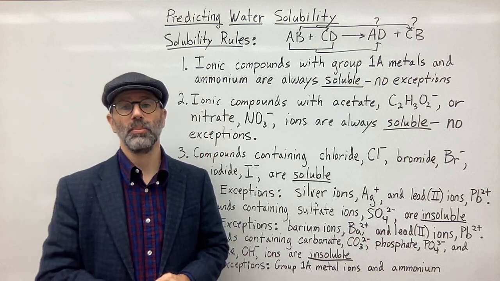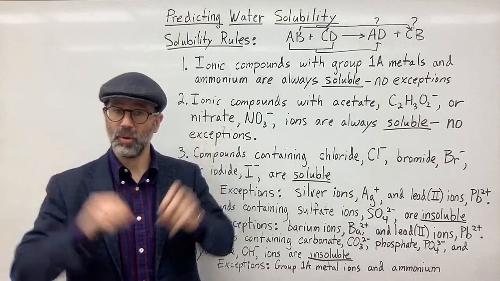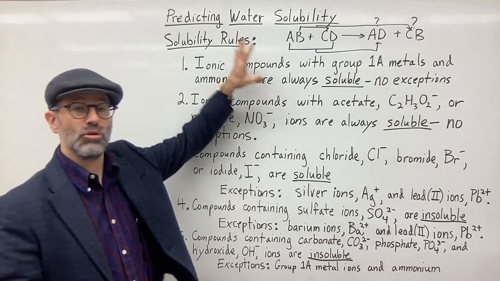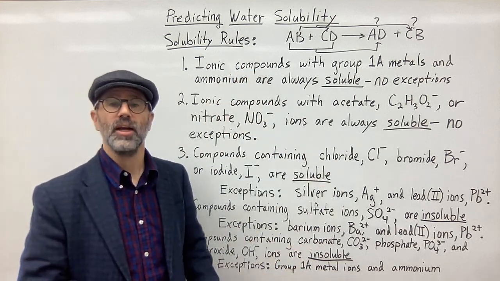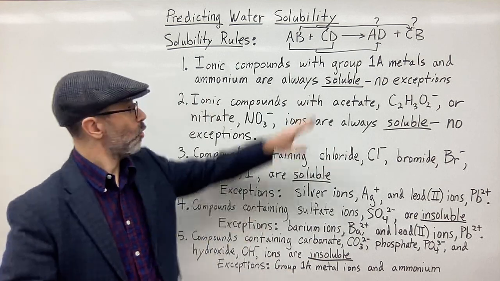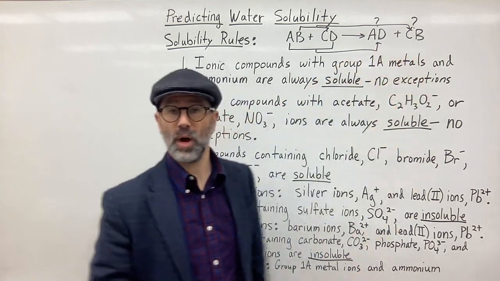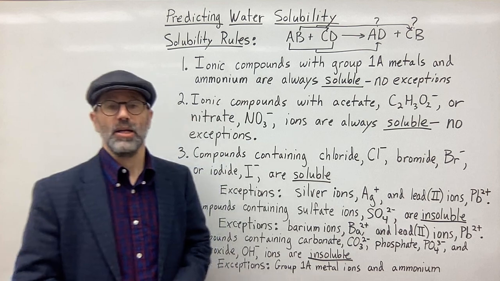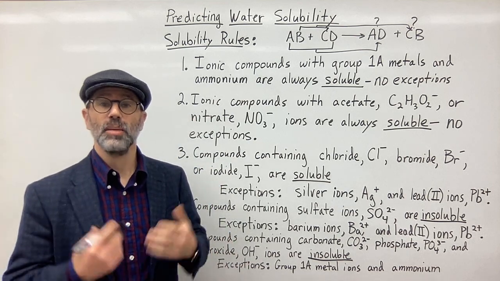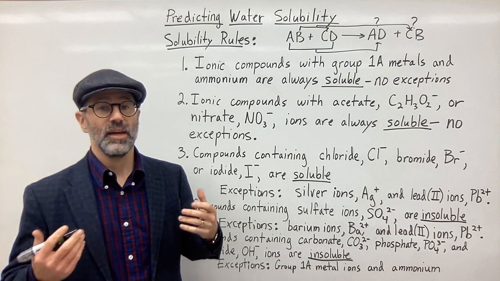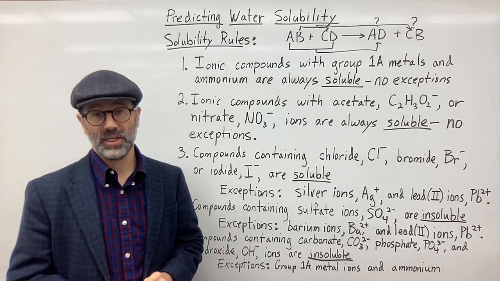Once you figure out what the possible products are, use your solubility rules or your solubility table to determine the solubility of your 2 products. If it's insoluble, then you know you've got a solid precipitate. If it's soluble, you know it's aqueous.